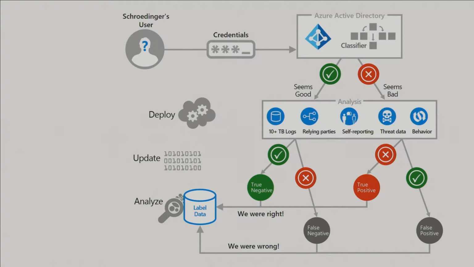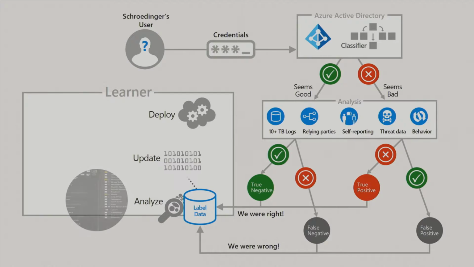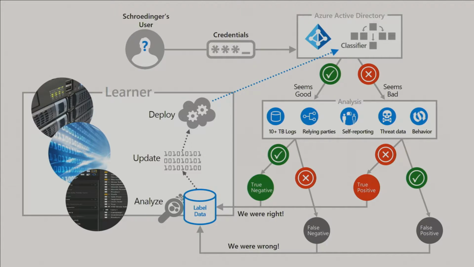Analyzing data, making updates to the classifier, and deploying it is all automated, and we call it a learner. Now we can make updates to the classifier as many times a day as possible. We typically do it once a day, but we can do it at any minute we want.